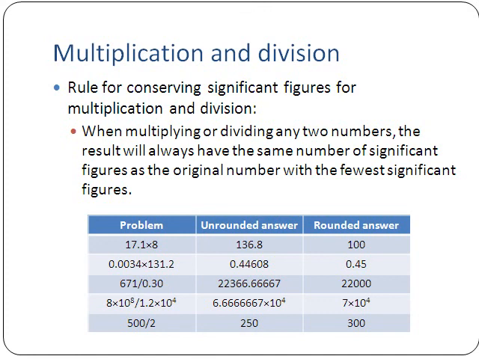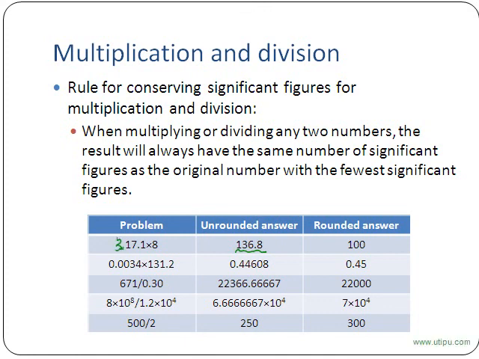So we have some various problems with their unrounded and rounded answers at the bottom. Taking a look at the first one here, we have 17.1 times 8. If you do that in your calculator, you'll end up getting 136.8 as your result. Now, let's take a look at the number of significant figures in our first two numbers here. 17.1 has three non-zero digits, so it is going to have three significant figures.